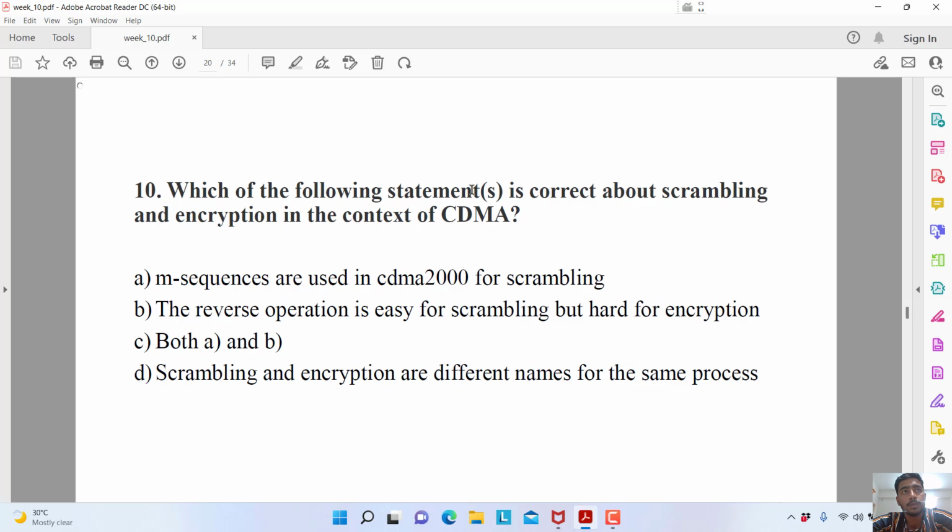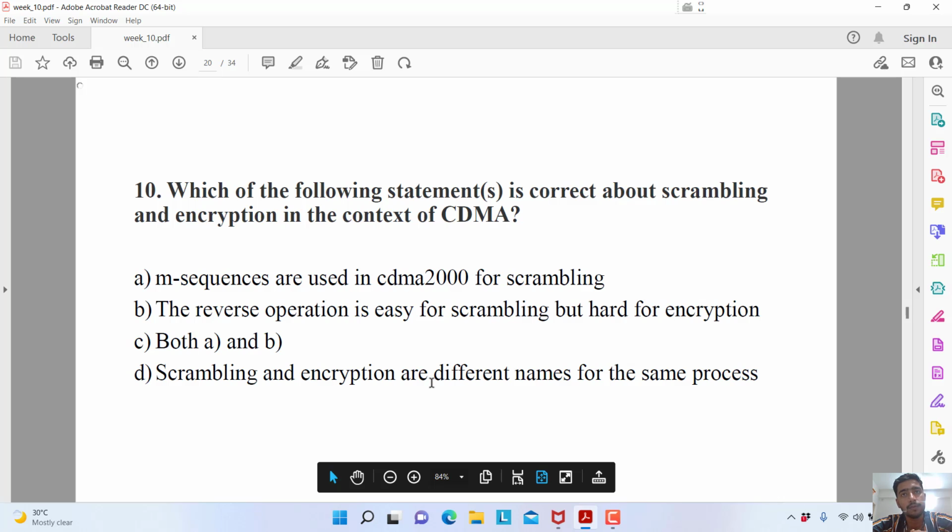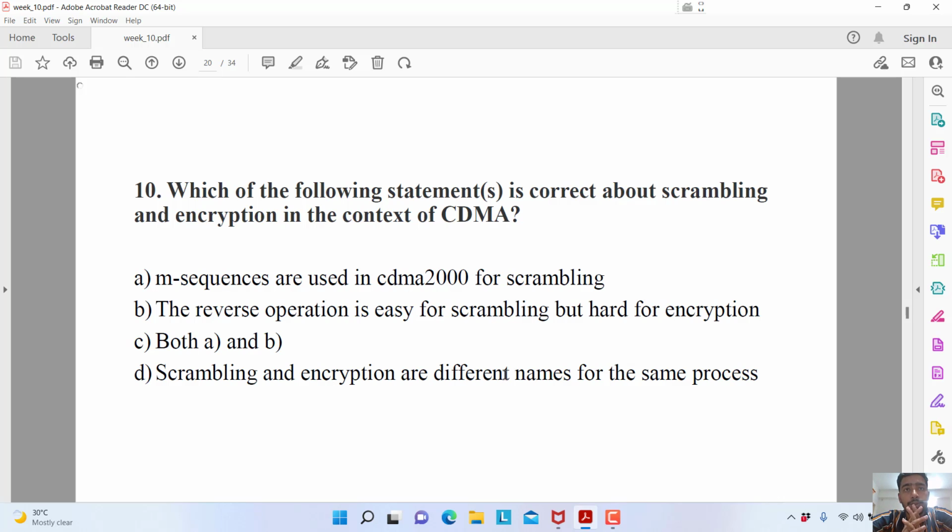Let me know what is the role of scrambling, and what is the difference between scrambling and encryption in the context of CDMA. There are four options. First option is M sequences are used in CDMA 2000 for scrambling. B: the reverse operation is easy for scrambling but hard for encryption. C is both A and B. D: scrambling and encryption are different names for the same process. Just use the intuition.